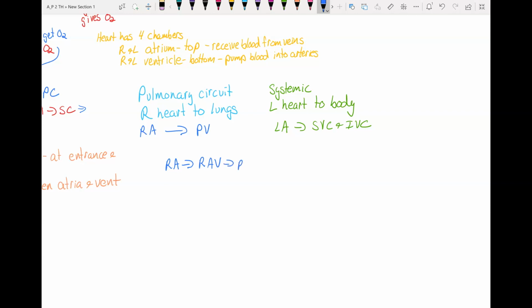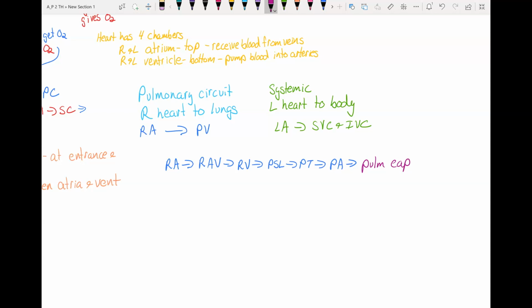Then it would be in the right ventricle. Then the right ventricle has to pump the blood through the pulmonary semilunar valve into the pulmonary trunk. Then that trunk branches into the pulmonary arteries, which goes to the lungs, to the pulmonary capillaries. We'll go ahead and put that in this purple, because now we're getting oxygen.